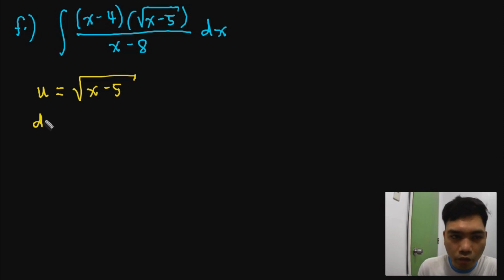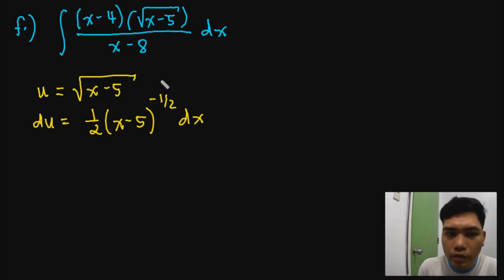So we have du that is equal to 1 half, and then x minus 5 raised to negative 1 half dx. And from this expression we need to find our x value. So x would be equal to u squared plus 5. I hope you get the idea that if you square this u and then add 5, that would be our x.